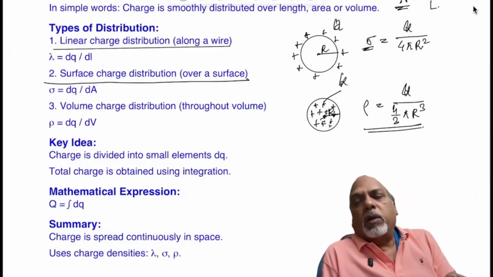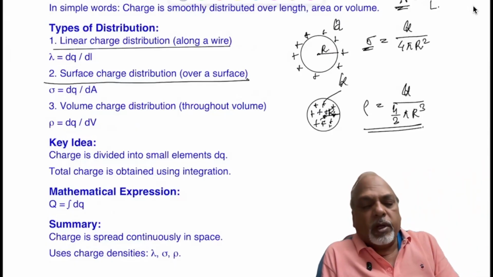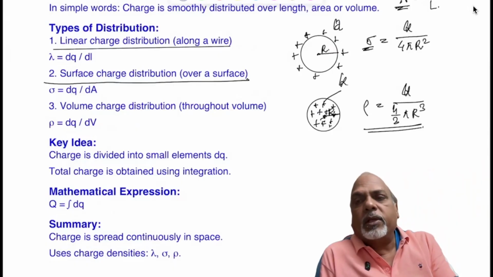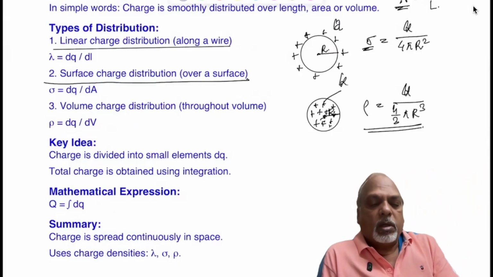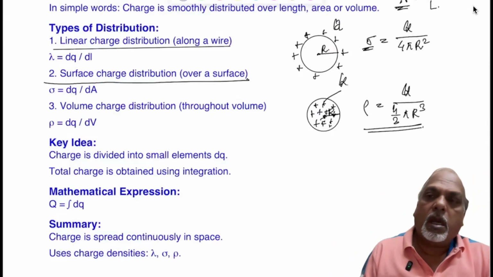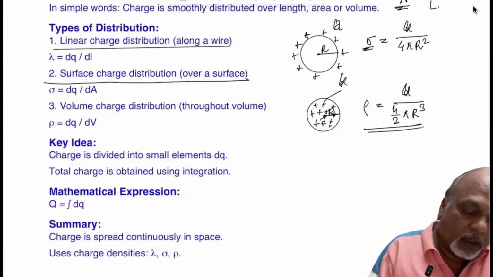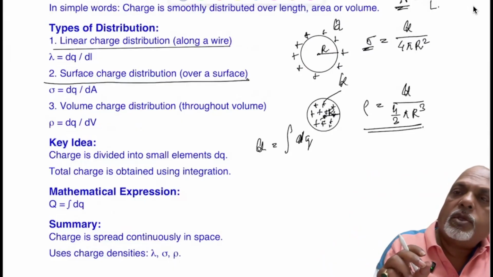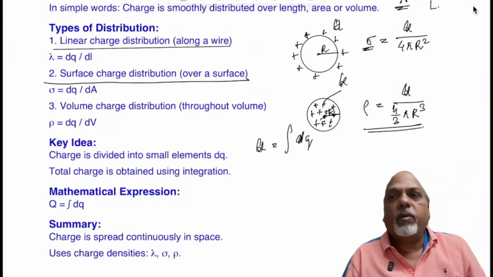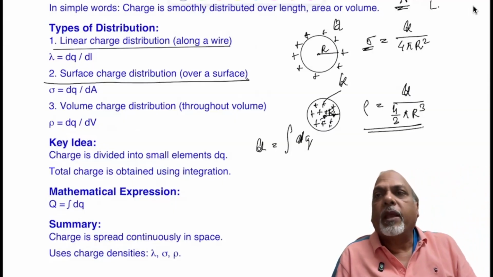Correct. So instead of having isolated charges, we are going to deal with the linear charge density, surface charge density, and volume charge density also in our chapter. Correct? Or mathematically, the total charge is nothing but the integral of smaller charge which is on the surface or in the volume, whatever it is. Correct?